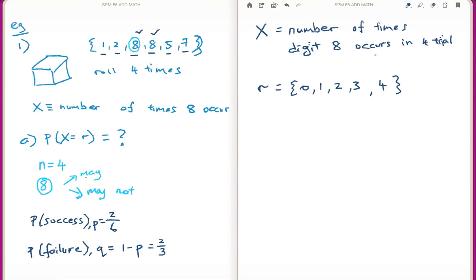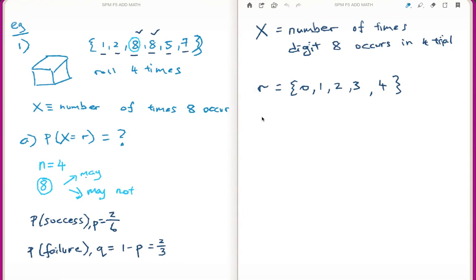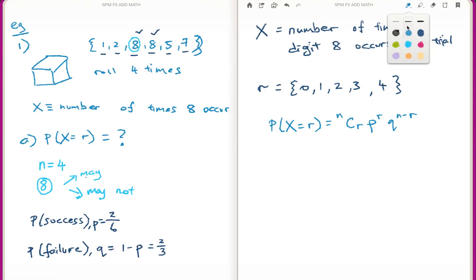So we have the general equation I showed you in the previous page. You need to make use of this equation. Let's state the general equation so that you have some idea: nCr p^r q^(n-r). Let's work it out one by one.